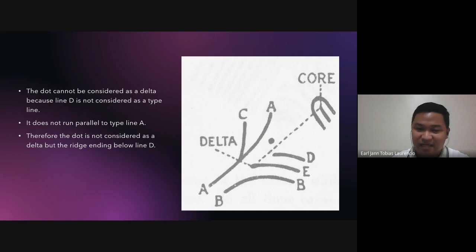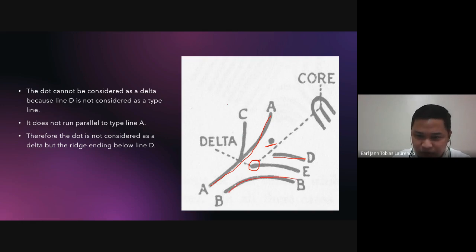As you can see, the delta was placed here, because the dot cannot be considered as the delta, this dot, because line B, this one, is not considered as a type line. So where are the ridges that are considered as the type line of the pattern? We have ridge A and we have ridge B. Those are the type lines.